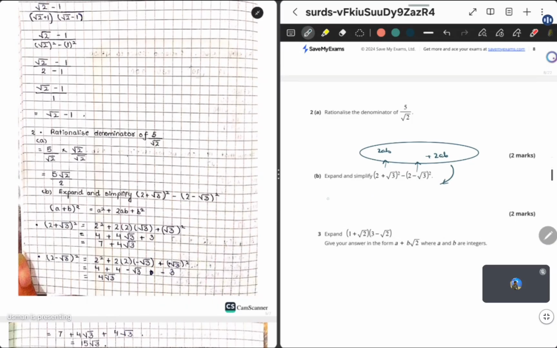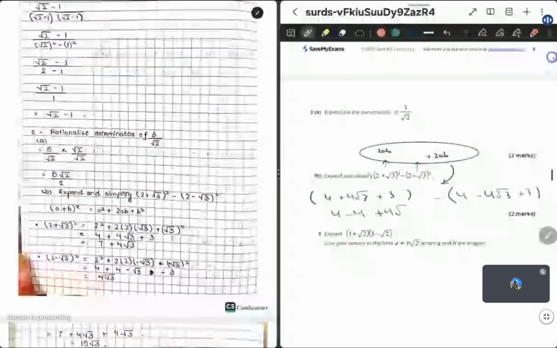So what happens is you get 4 plus 4 root 3 plus 3. Perfect. On this side, you get 4 minus 4 root 3 plus 3. Yes? But there's a minus sign in between. Yes? Yes. Okay. So what will happen is this 4 will become minus 4. 4 minus 4 plus 4 root 3.